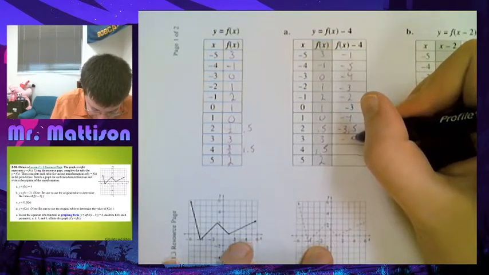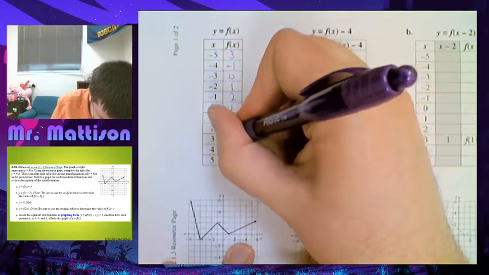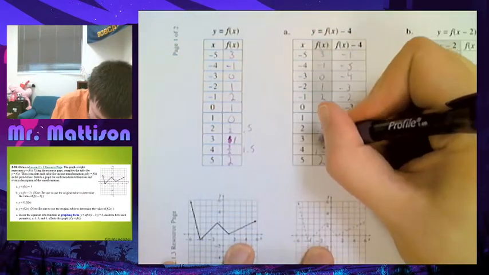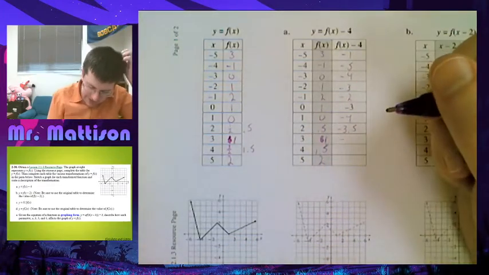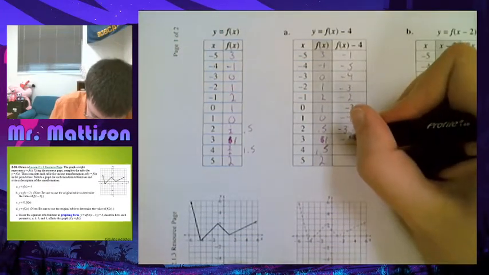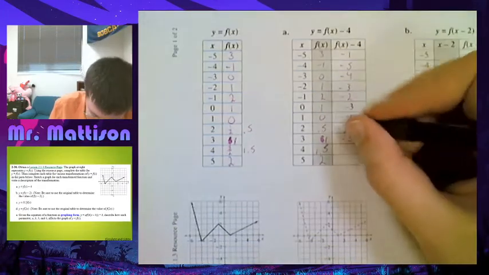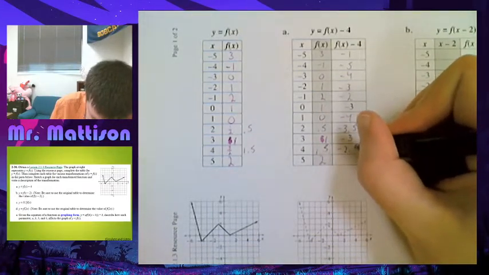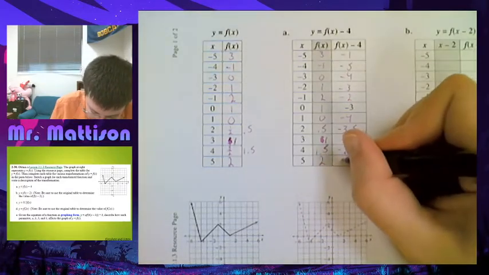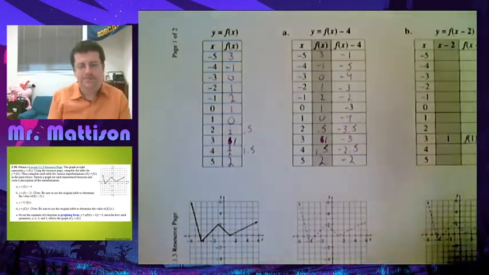Actually, that 3 should be 1, not 3. That makes more sense. And so that's going to be -3. And then 1.5 minus 4 is going to be -2.5. And 2 minus 4 is going to be -2.